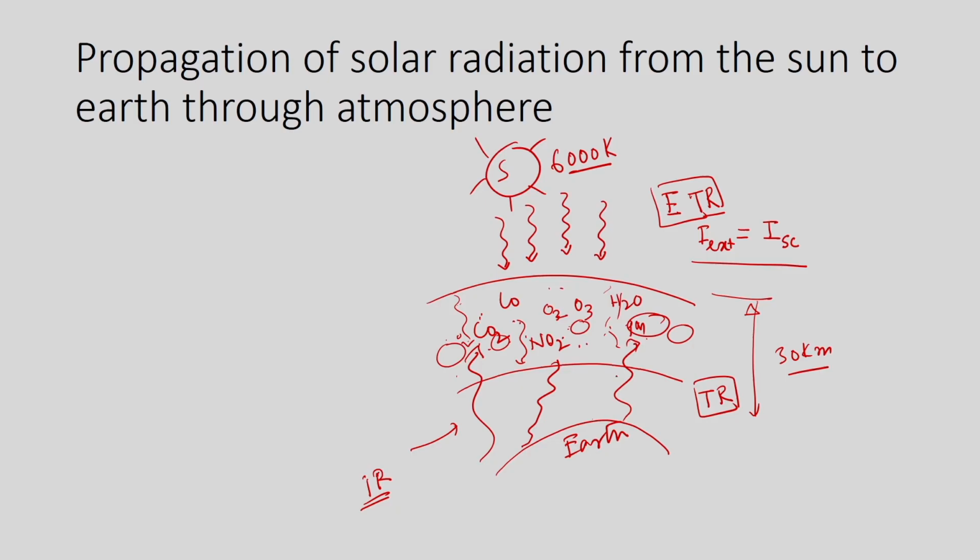These radiations are long wave radiations and they are retained in the earth atmosphere, because they are absorbed by the carbon dioxide, and this leads to the greenhouse effect, because the internal energy of this earth atmosphere is increasing, and because of that we are having temperature rise.